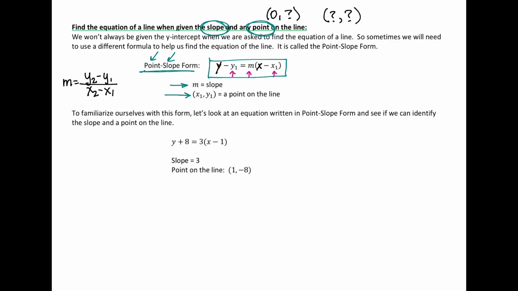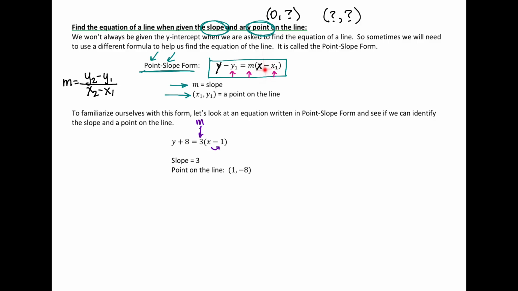They have already put the things in, and from this, they were able to come up with this information. So if you're given this format, which you very seldom won't, you won't see that very often. But if you do, you know the number in the front of the parentheses is your slope. The number with the x is x sub 1.